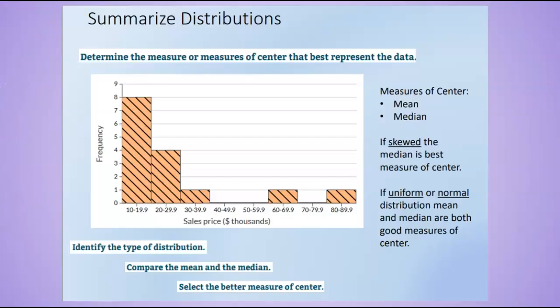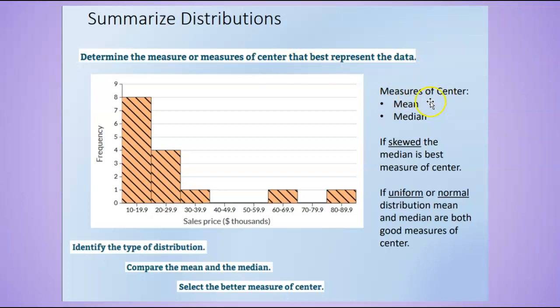As we look at this data, you have to determine some things by looking at it. It says these are the sale price in thousands of something, we don't know. And this is the frequency, how many of those we sold. Let's determine the measure or measures of center that best represent this data.